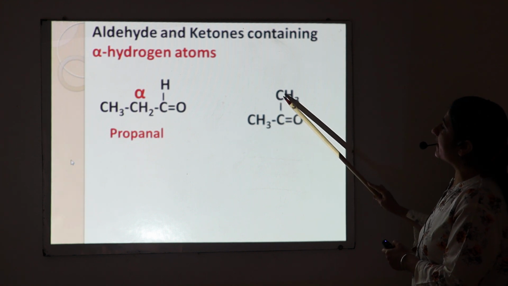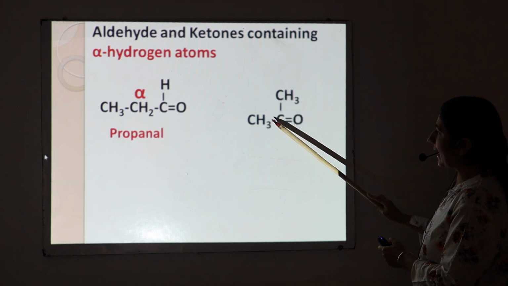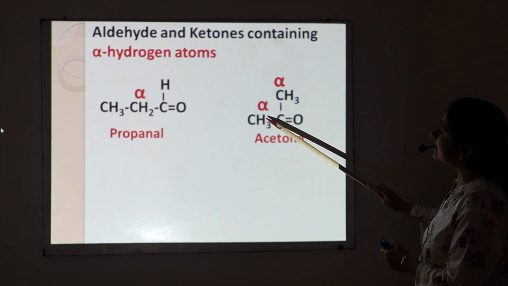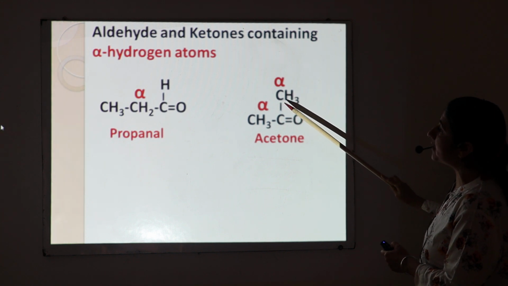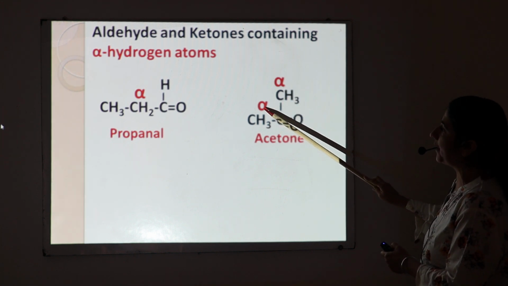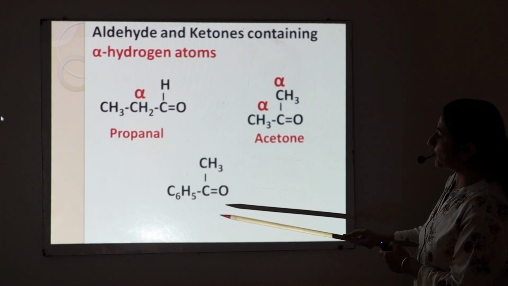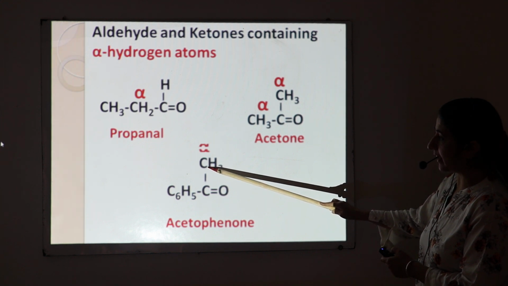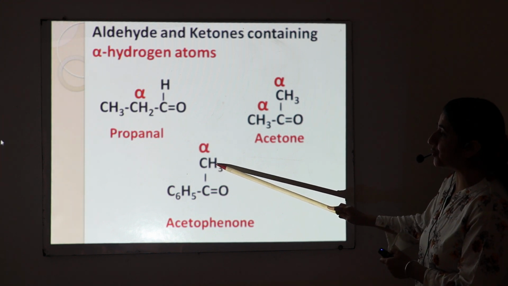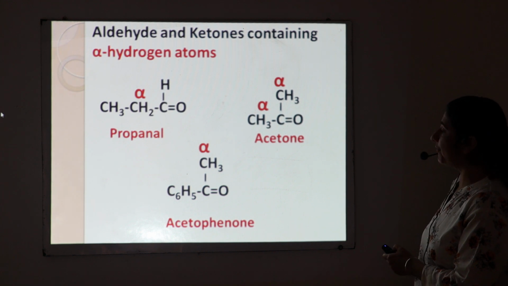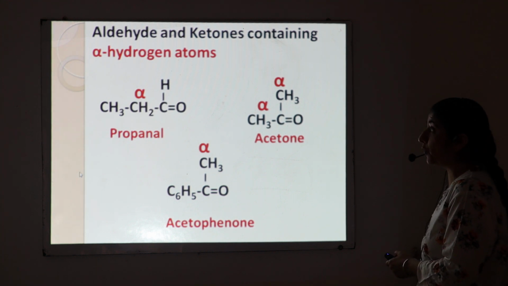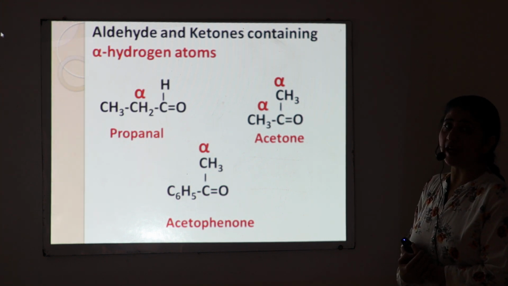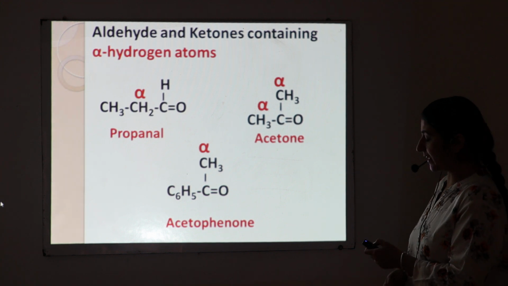These two carbons are directly attached to the carbonyl group and are alpha carbons, and these six hydrogen atoms in total are alpha hydrogen atoms. Next is acetophenone. In this case, this carbon is the alpha carbon and these three hydrogens are alpha hydrogens. These are a few examples of aldehydes and ketones having alpha hydrogen atoms, and they show the aldol condensation reaction.